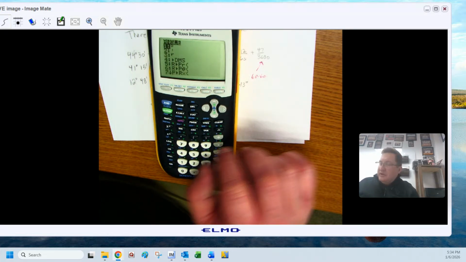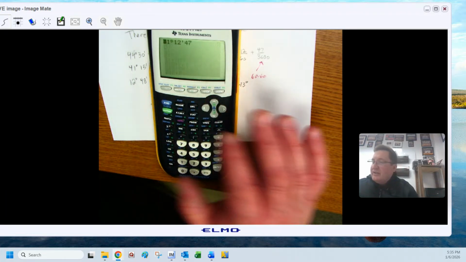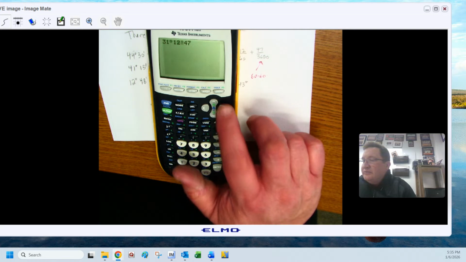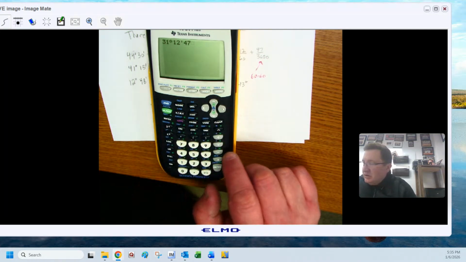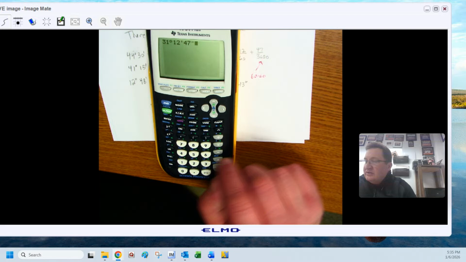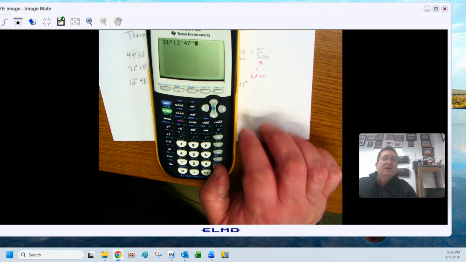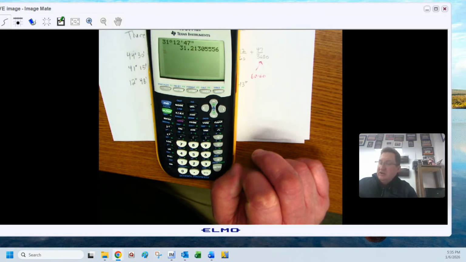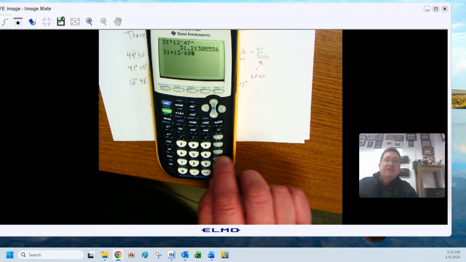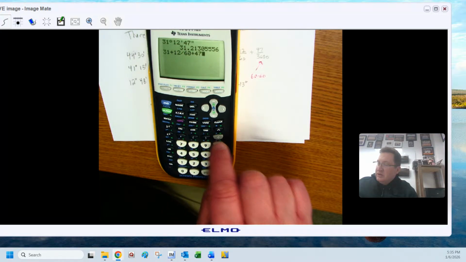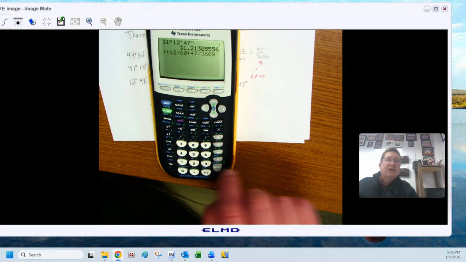Mine does not have one. However, if I go to the end and hit alpha plus sign, you'll notice that there's a second button. And then you just hit enter and it gives you that. And again, that's just a lot more boring than this, but I suppose it does save a little time.